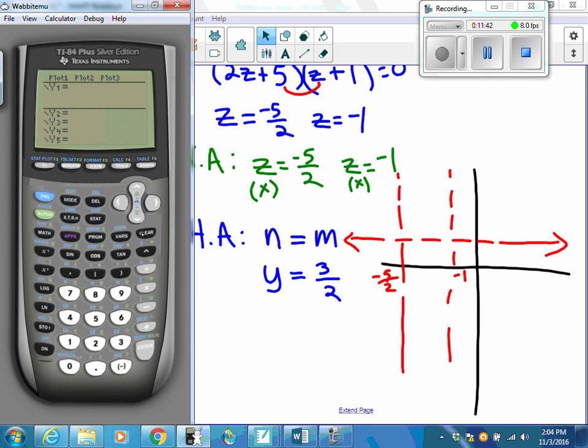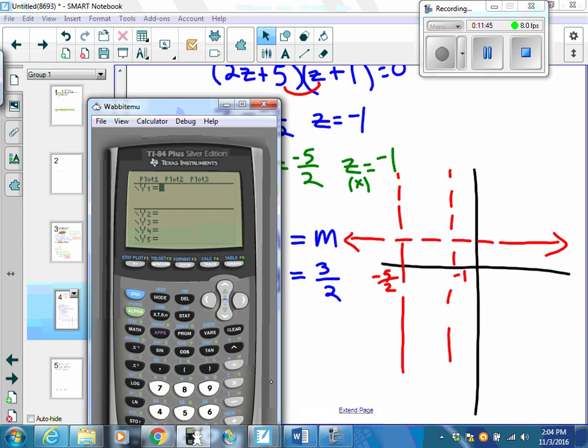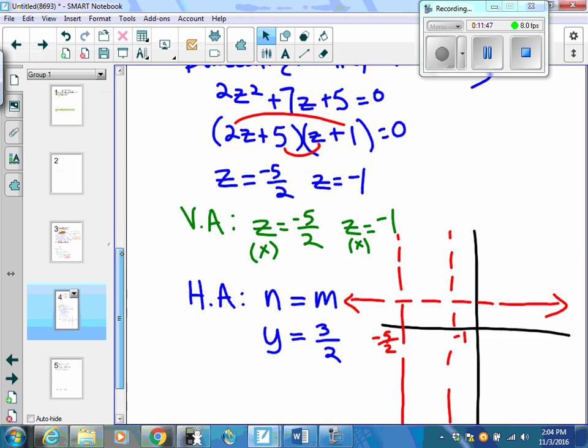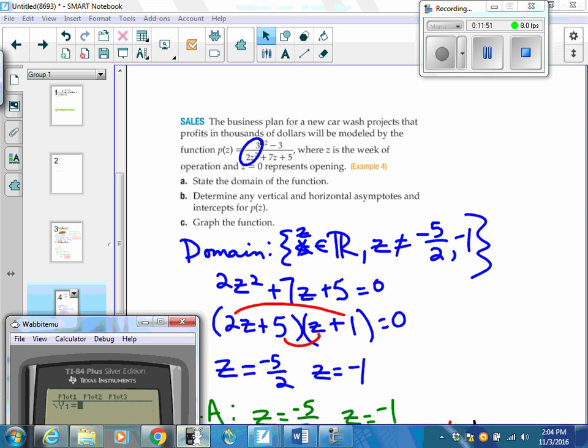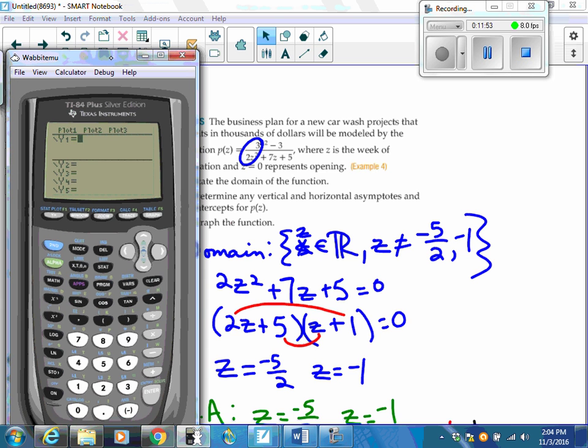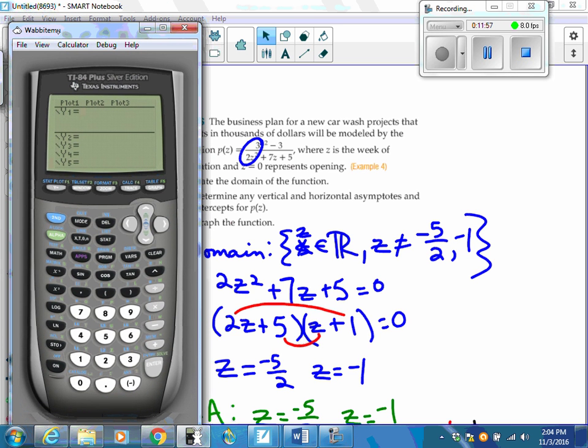Clear out the old function. You just have to remember to put your numerator and denominator in parentheses if you have multiple terms. So I actually do here, I'm going to put my numerator in parentheses and say 3x squared minus 3 for my numerator.